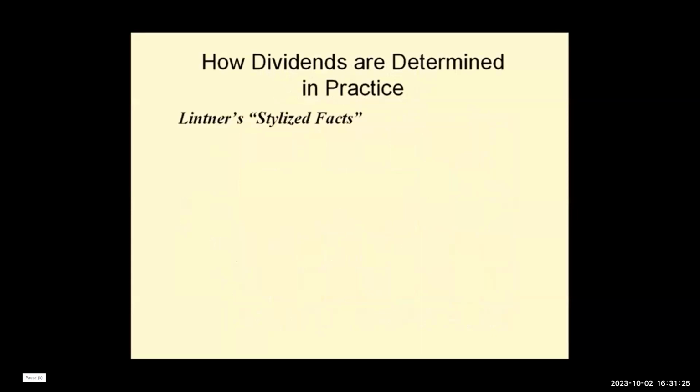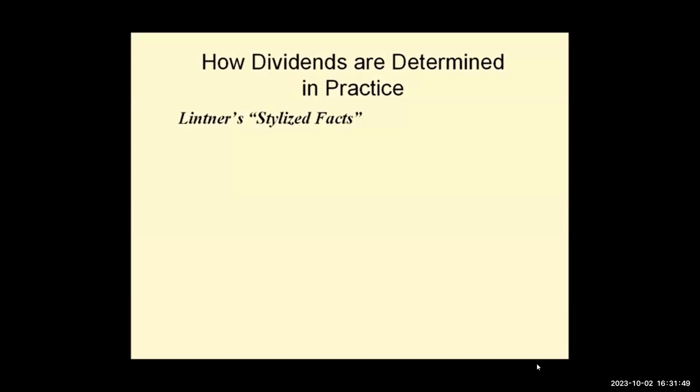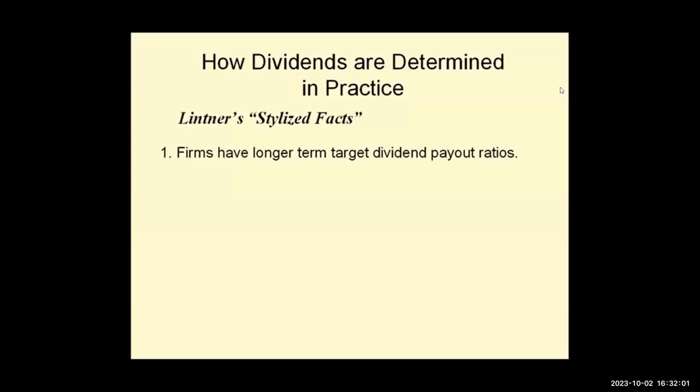Before getting into normative dividend payout theories, or theories about how much a firm ought to pay out in dividends, let's look at the results of research presented in the BMA text on how managers approach the dividend decision in practice. This research was conducted by John Lintner using a structured interview approach with corporate managers. He was able to develop several broad conclusions. First, managers have long-term dividend targets, rather than short-term, year-to-year targets.